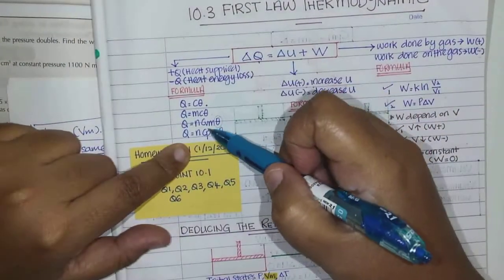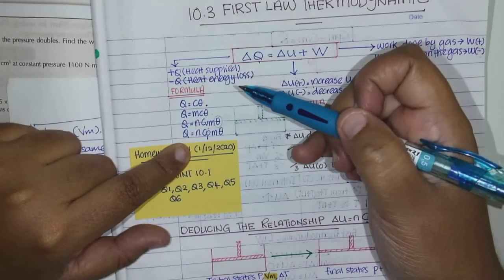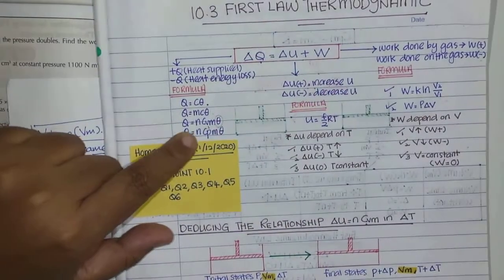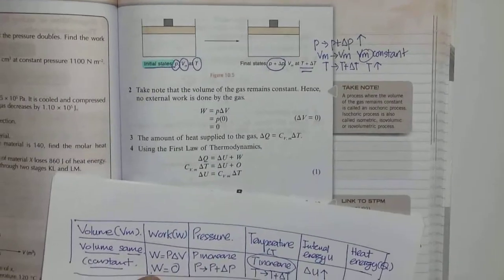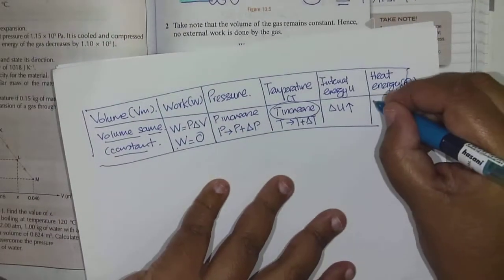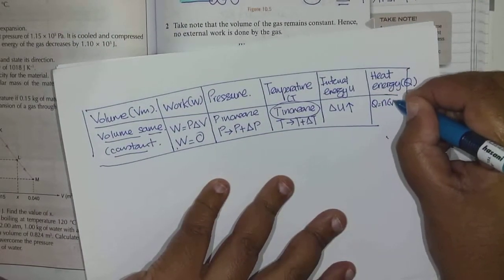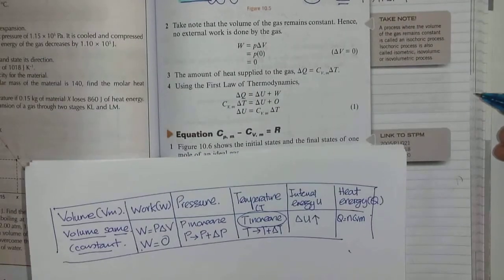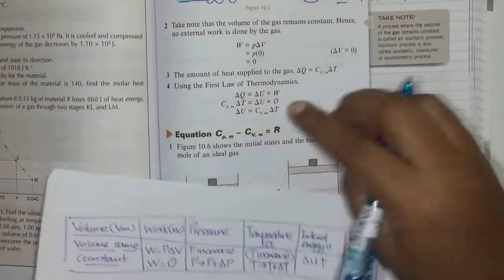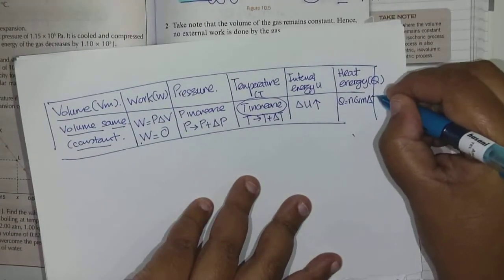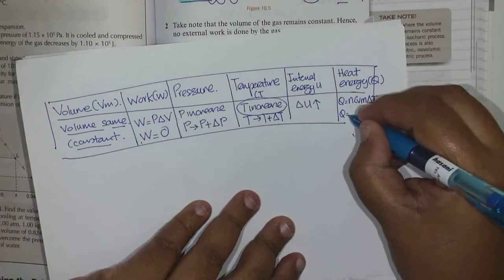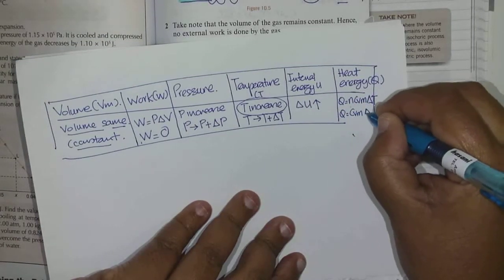It says 1 mole and the volume is constant, so I use Q equals N CVM delta T. The book uses delta T, so I'm going to use delta T; you can use theta or delta T. Since N equals 1 mole, Q equals CVM delta T.